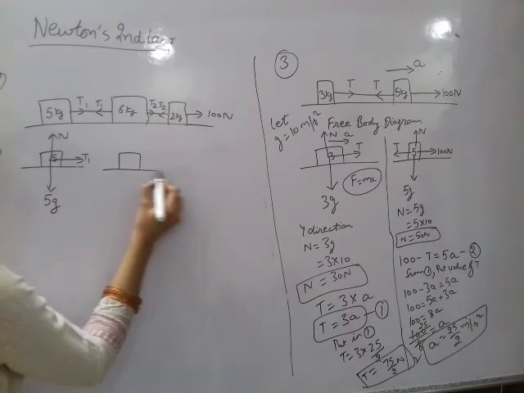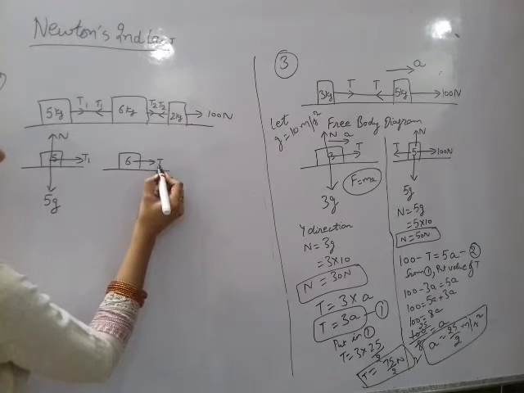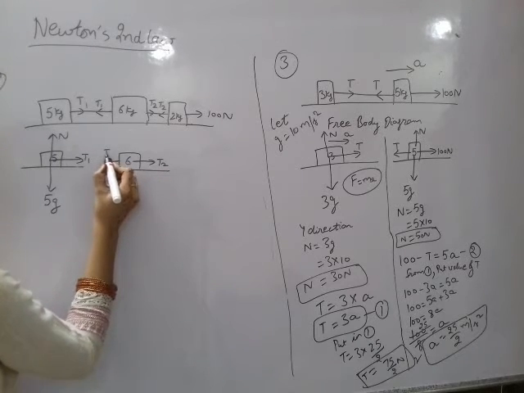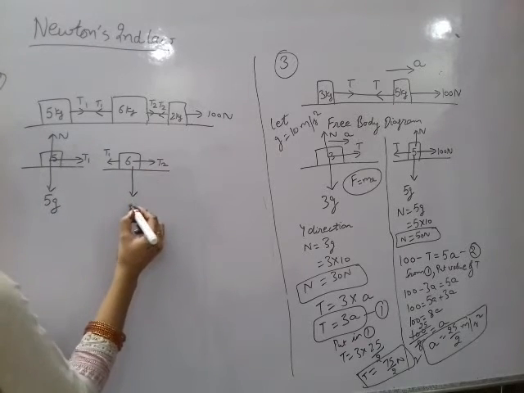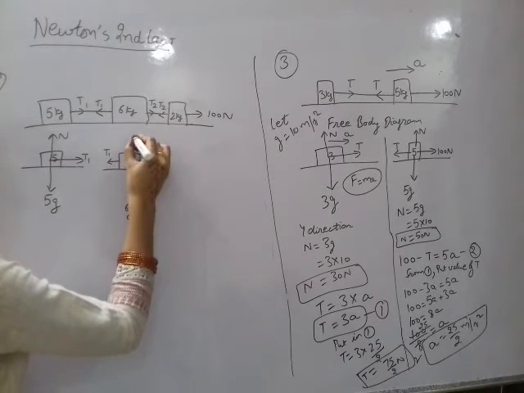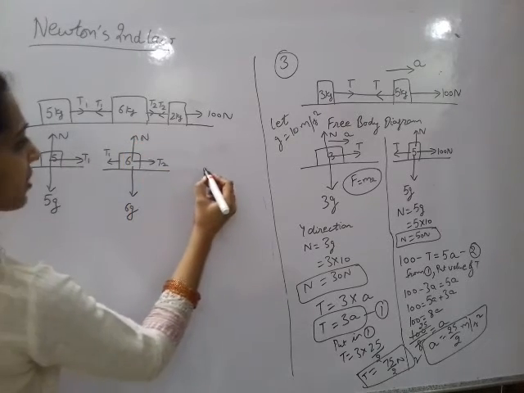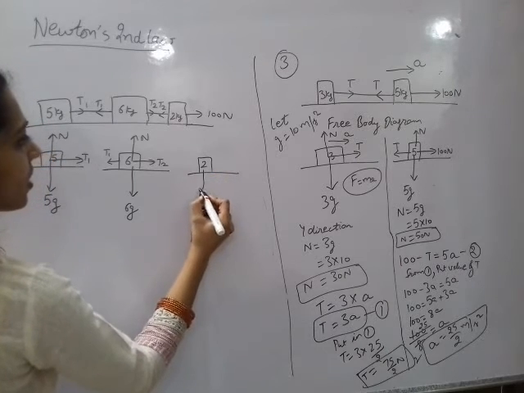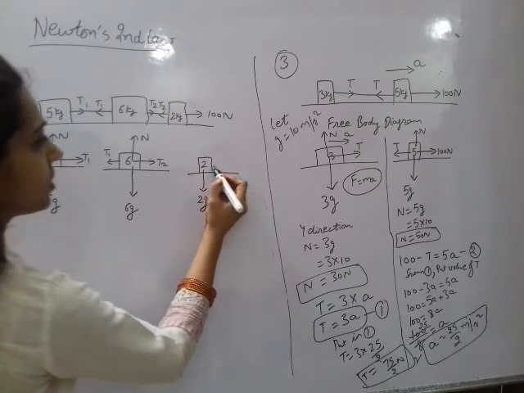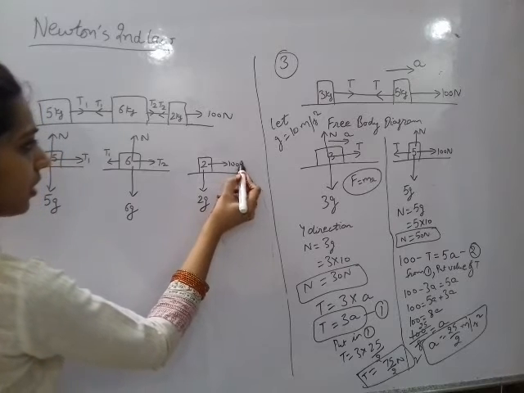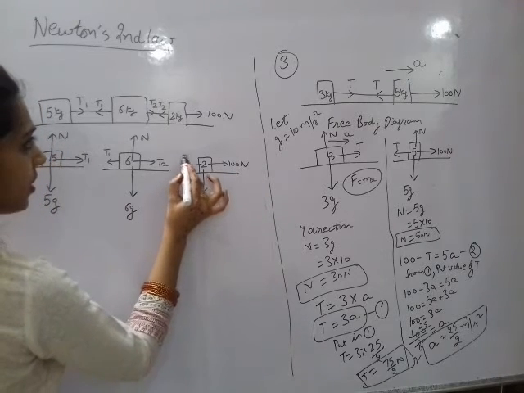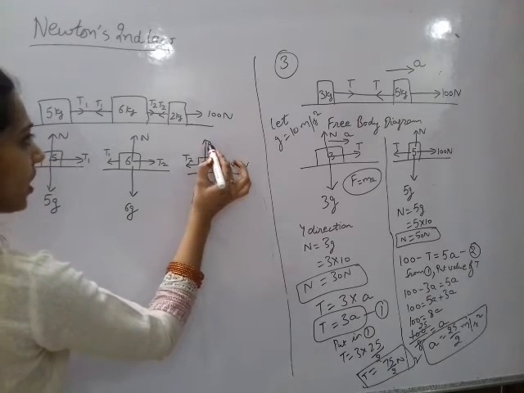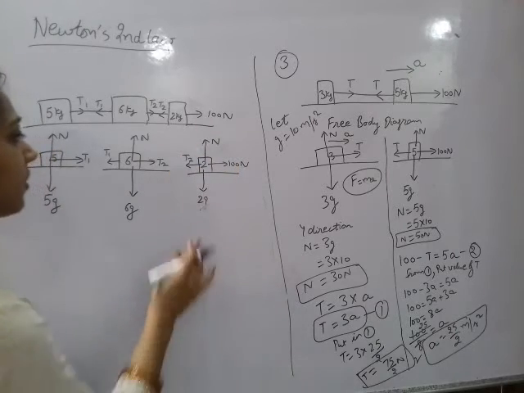For 6 kg mass, tension applied is T2, in this case tension is T1, again downward direction 6g, and in upward direction normal reaction. Again mass is 2 kg, downward due to gravity 2g, on this side 100 Newton, here is T2, here normal reaction is N.